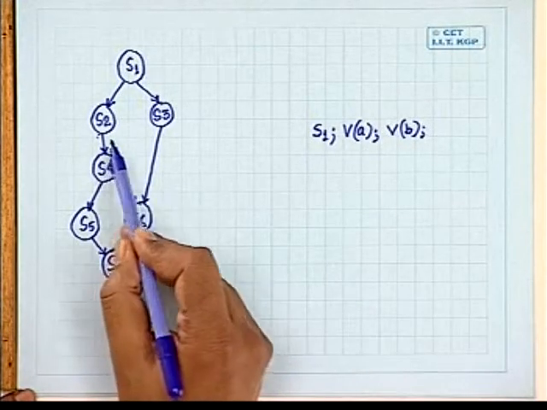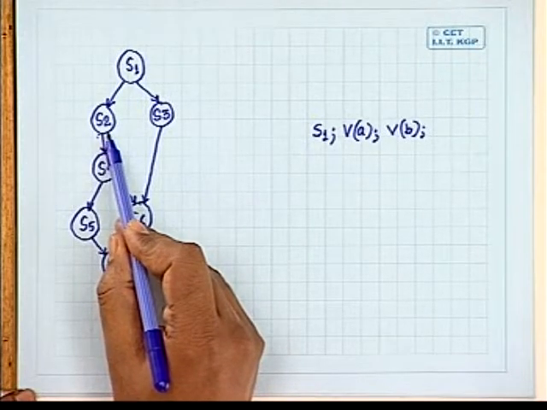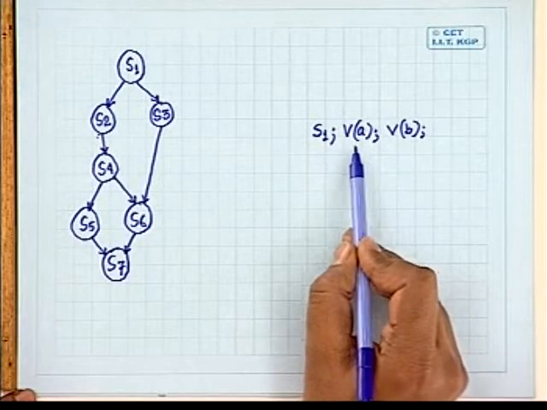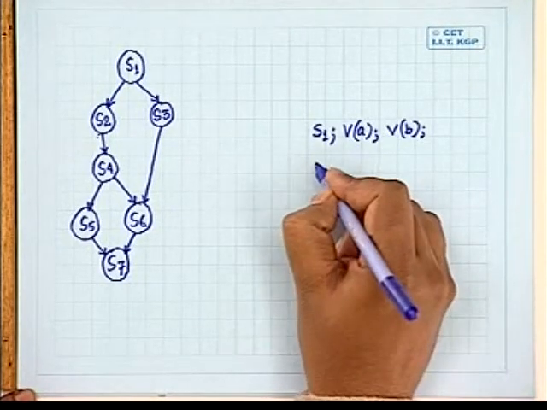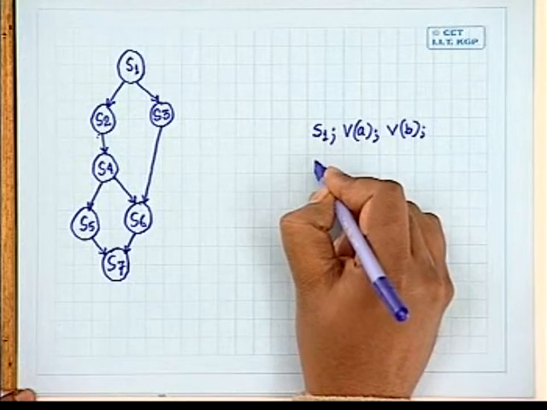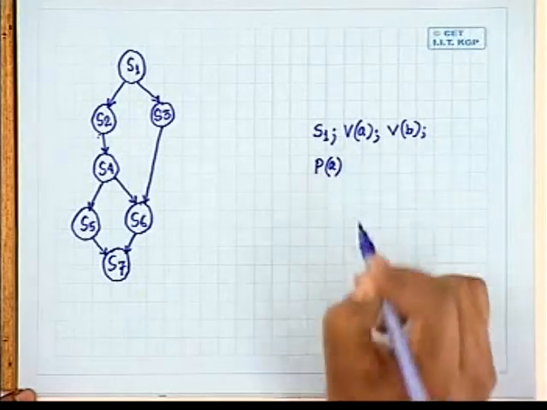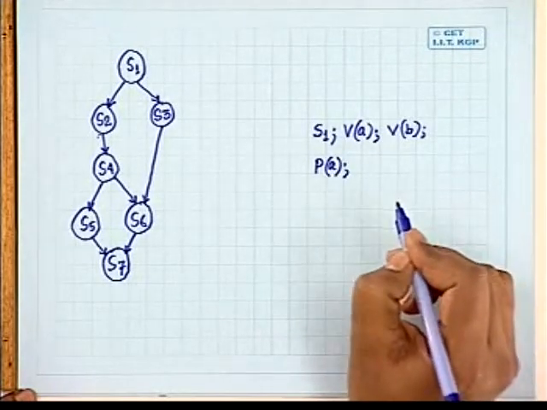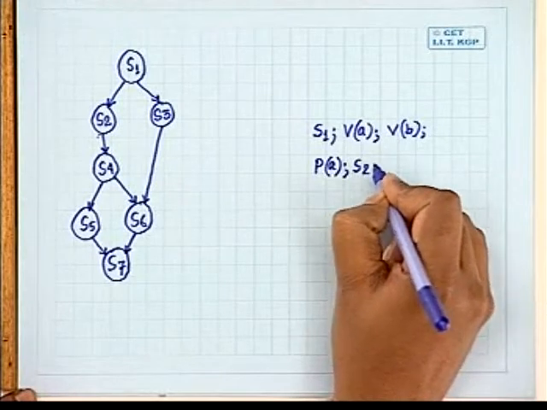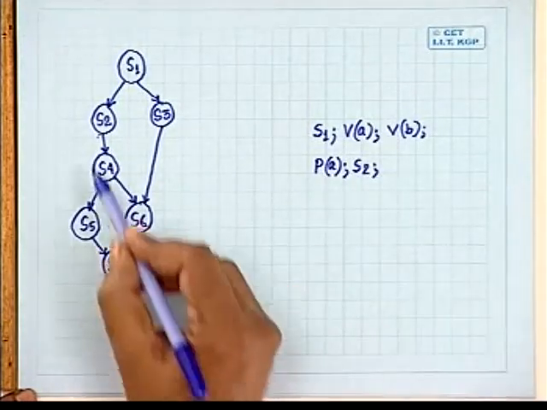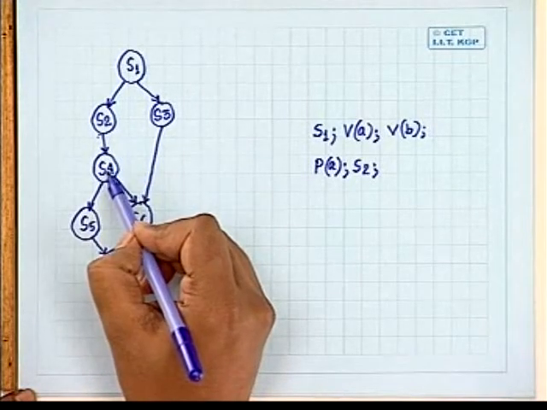Okay. Then before execution of S2, I have to perform either P(A) or P(B). Okay. So let us assume I perform the semaphore operation P(A). After P(A), I have to execute S2. Okay. Now, this one says that S4 can be executed only after S2.